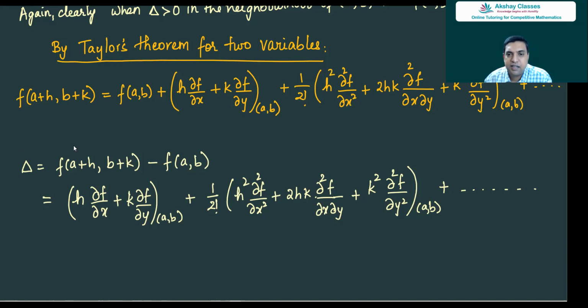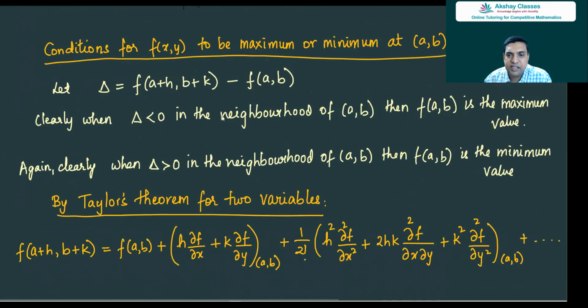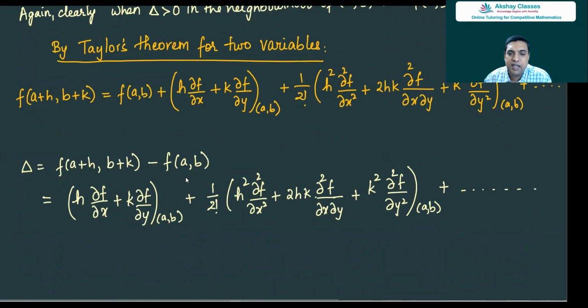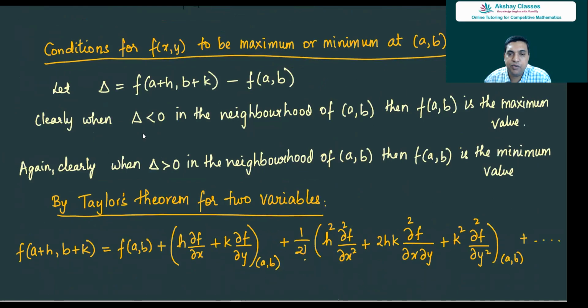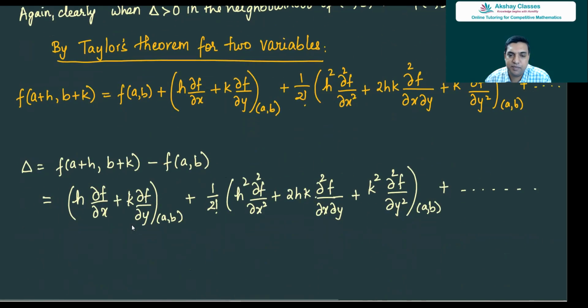So which means for all points in the neighborhood, this delta value is not negative or not positive. I've given one example that move along a line where h is constant and let's say df by dx is 0.